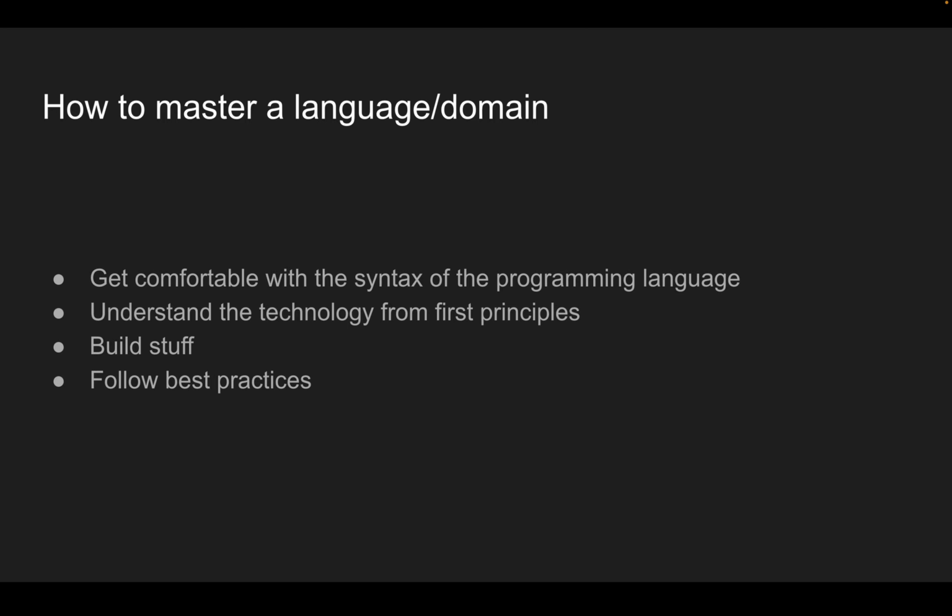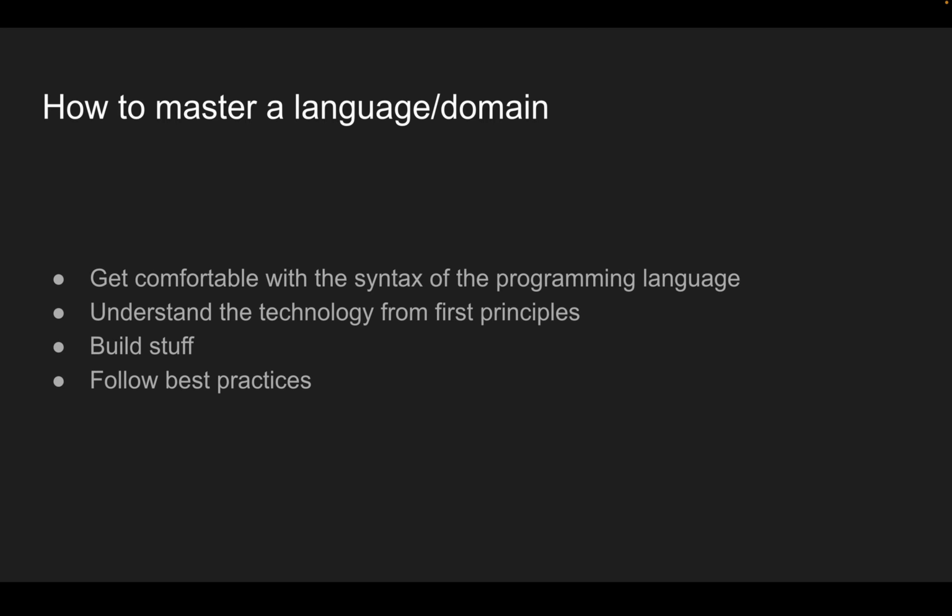The technology could be anything like an AI, LLM, or in this case, the Ethereum network. But getting comfortable with the language is important because that's how you're going to communicate to the technology what you want it to do for you.